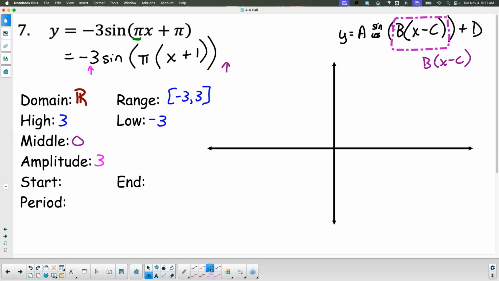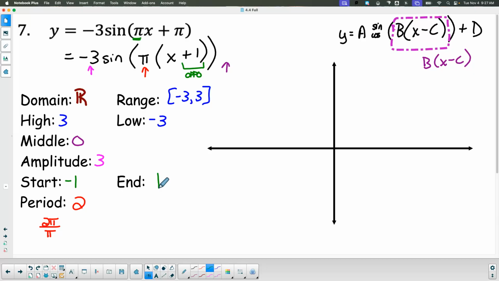My start, I'm going to think oppositely here, is going to be -1. My period is going to be 2 pi divided by pi, which is just 2, which means then that I would end at +1.